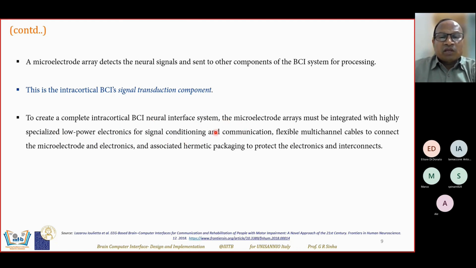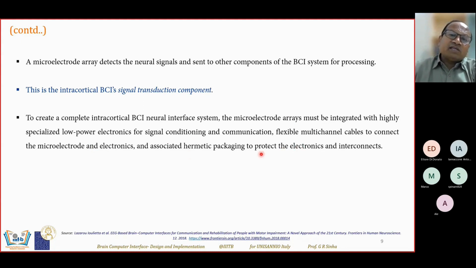Then it goes to the electronic communication circuit, flexible multi-channel cables. Through cables, it is transmitted to connect the microelectrode and electronics. What are used? They are nothing but multi-channel cables. It's not a single channel, but multi-channel so that we can get the information from a number of channels or a number of electrodes, associated with hermetic packaging to protect.